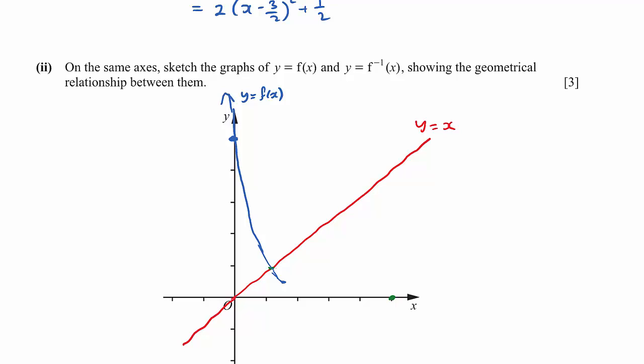And so it's going to go there. And that was the turning point. And then it will come down like so. I still would actually redraw that in an exam, but I'm not going to fiddle around with it. You get the idea.